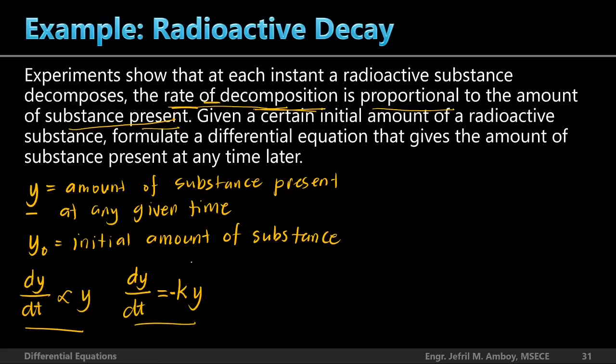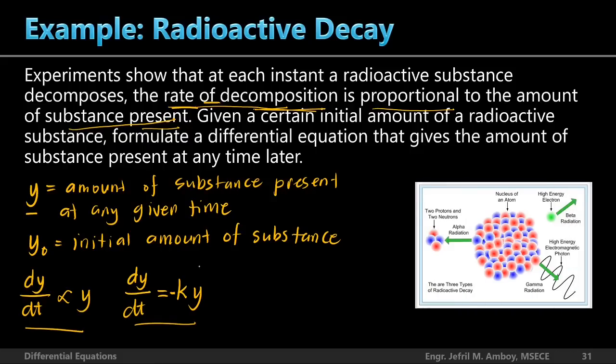If we solve this differential equation, we would be able to determine the amount of substance present at any given time. But at the moment, we will not be solving it. Our goal in this topic is to formulate a differential equation that describes a certain real-world phenomenon or problem just like this. I hope that is clear enough.